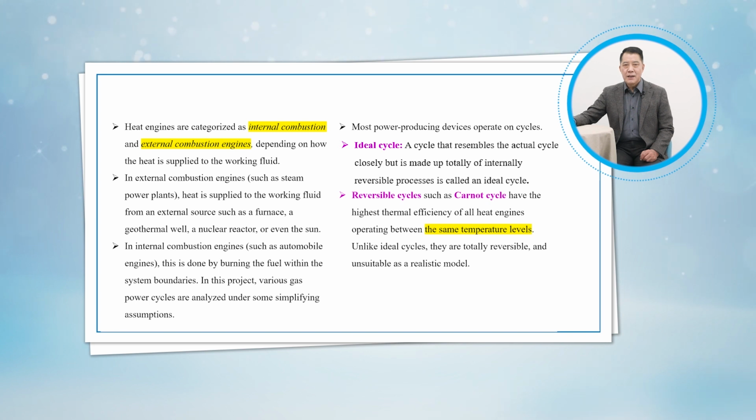Reversible cycles such as the Carnot cycle have the highest thermal efficiency of all heat engines operating between the same temperature levels. Unlike ideal cycles, they are totally reversible and unsuitable as a realistic model.